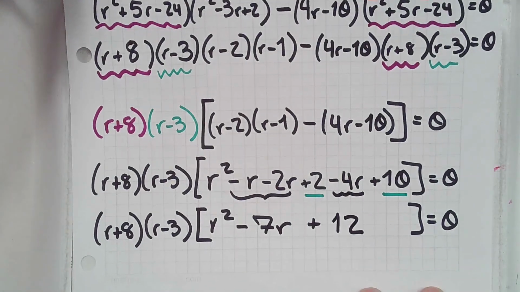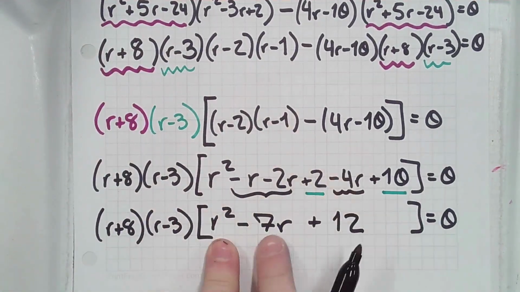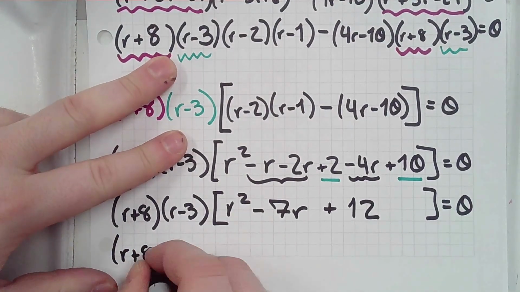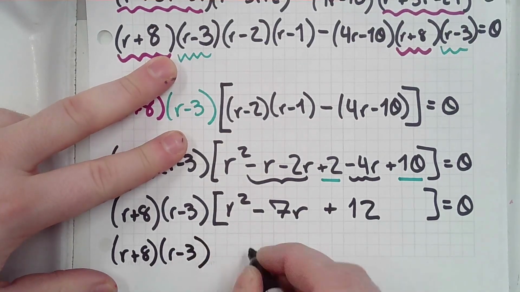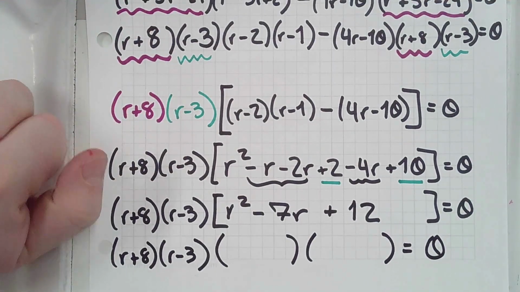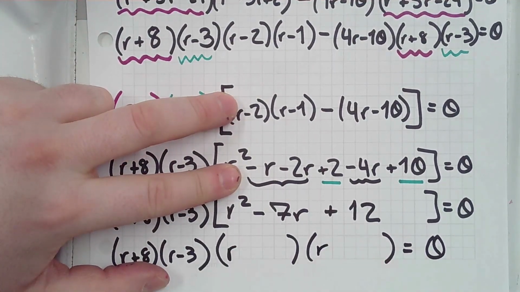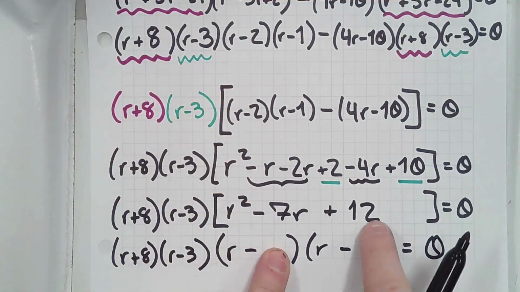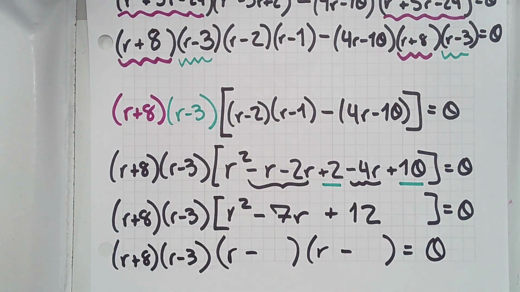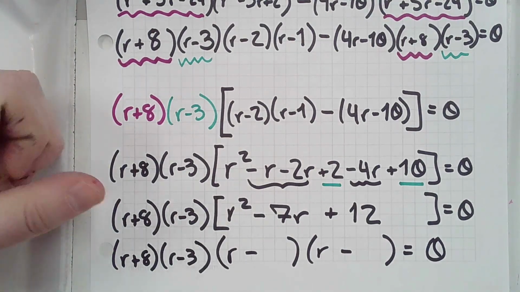And while you might think, wait a minute, we went from having 2 terms here, now we have 3 terms. That's awful. But what can we do with this? Well, we can factor that into 2 binomials. So I know I need r, and I need double negative to make a positive 12 when I multiply, and a negative 7 when I add. What numbers multiply to 12 and add to 7?